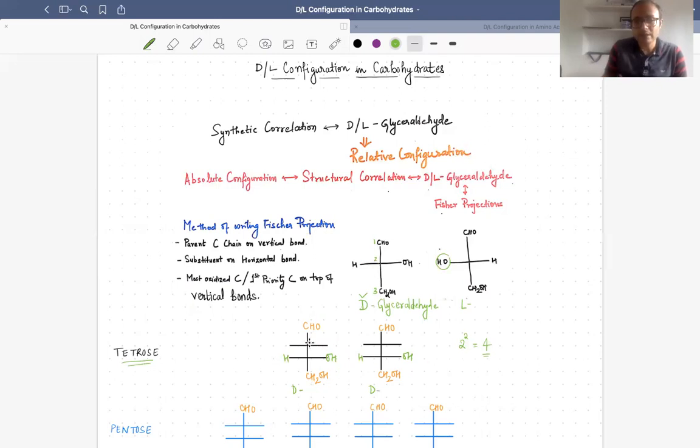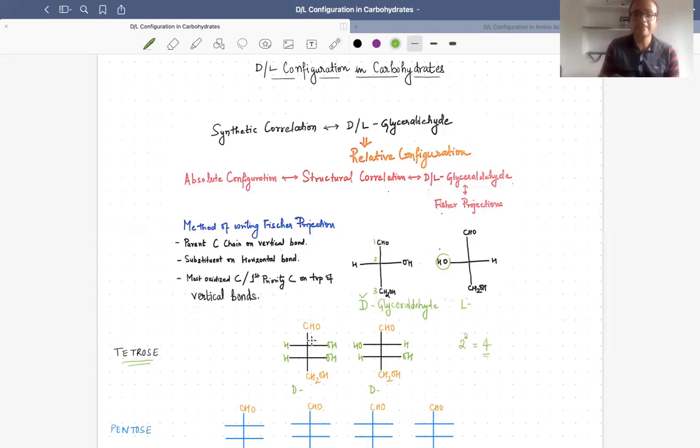Now we have this particular chiral center here. Here we have H and OH that could be written in 2 possible ways. One in which this can be written simply as H and OH. The other possibility is simply OH and H. These are the only 2 possibilities you can draw for this particular chiral center.